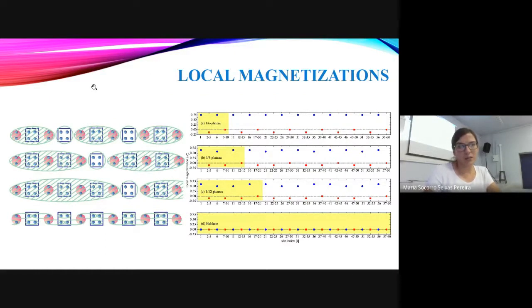Okay, in order to confirm our results, we have also performed DMRG simulations on the original octahedral chain, and on the right-hand side you can see the local magnetization, where these small red squares are the local magnetization of the four spins of a square plaquette.